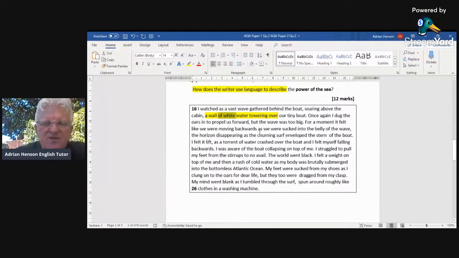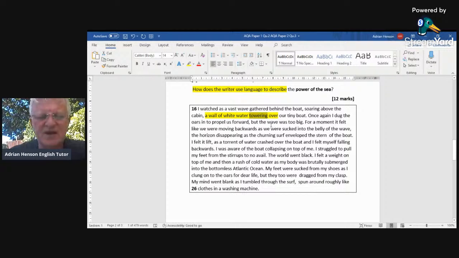I mean, you could say the writer adds the word white next to water in alliteration, but that exaggerates the water is all messed up and frothing up. It must be an aggressive sea. And then the word towering is almost a personification of the wave, or likening it, I suppose, almost to a building that's very big.